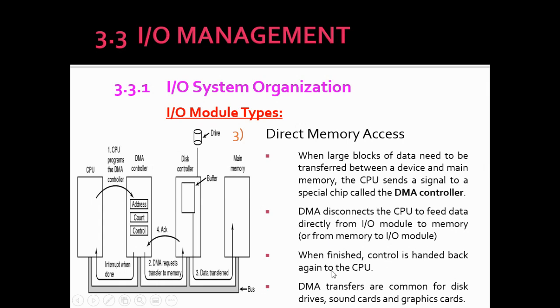Sometimes you have this inside your disk drive, sound card, and graphic card. How do you know it's a direct memory access process? The direct memory access process usually involves large data, and it does not actually require processing.